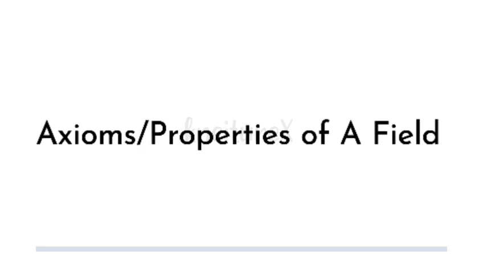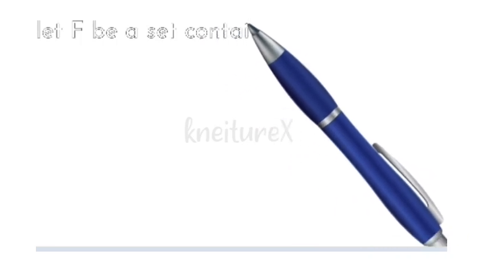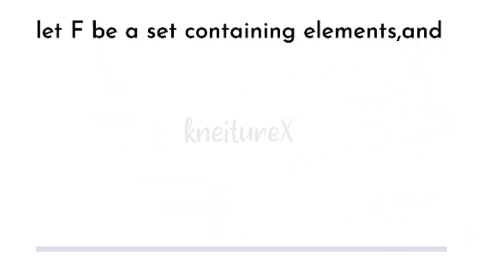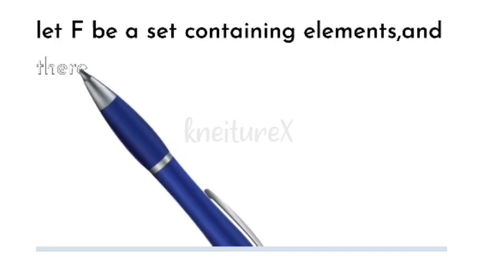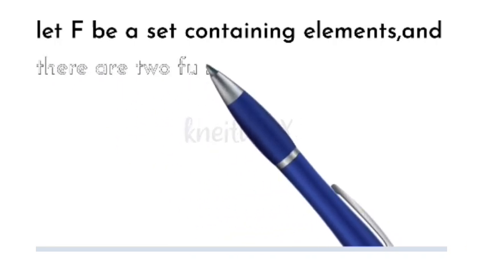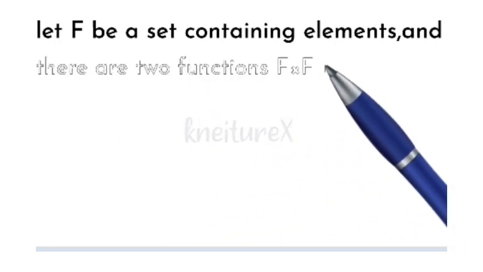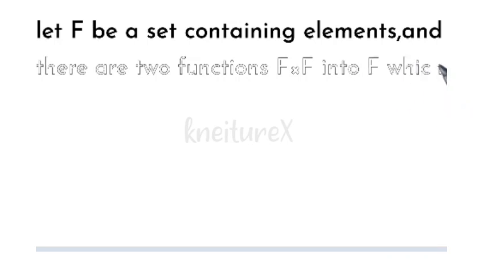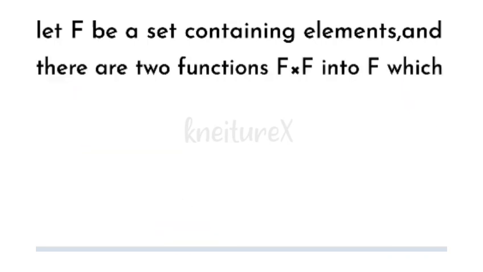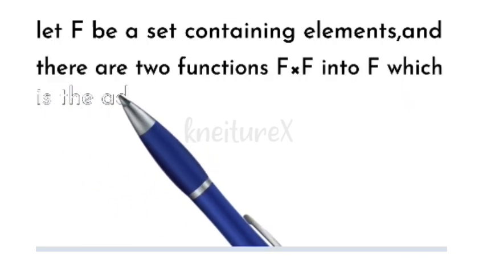Now a field can be represented as F. So now let our F be a set containing more than one element, like A, B. And there are two functions. Remember the Cartesian product, F cross F. Now what is this trying to tell us? That it is mapped onto what?